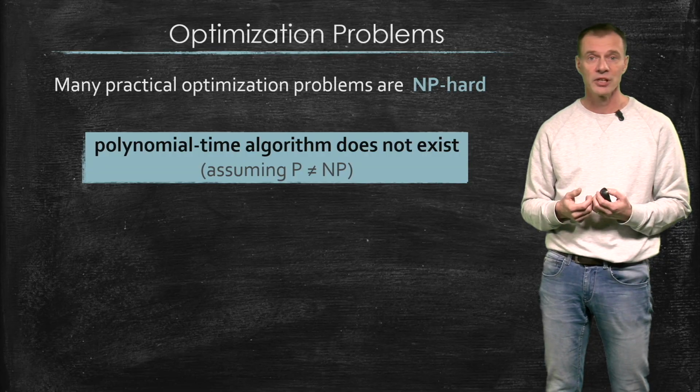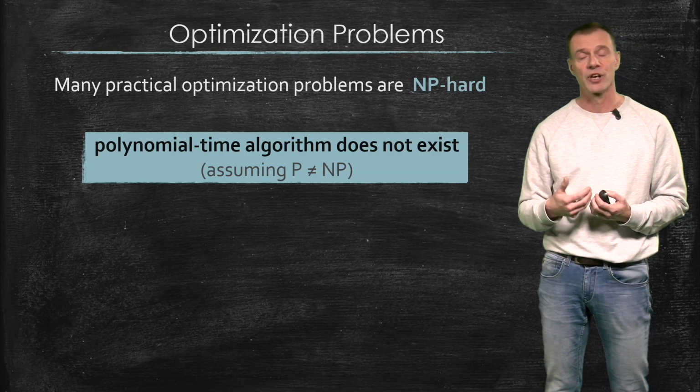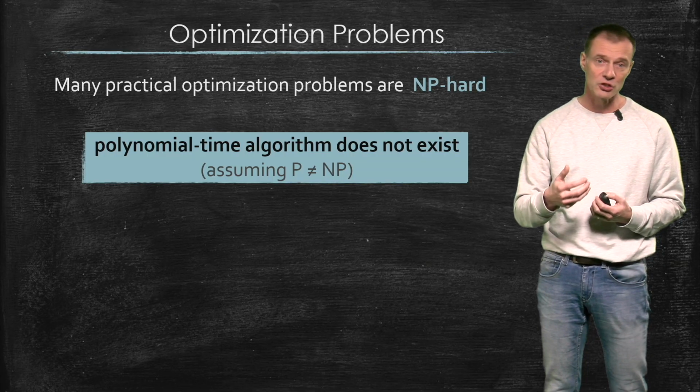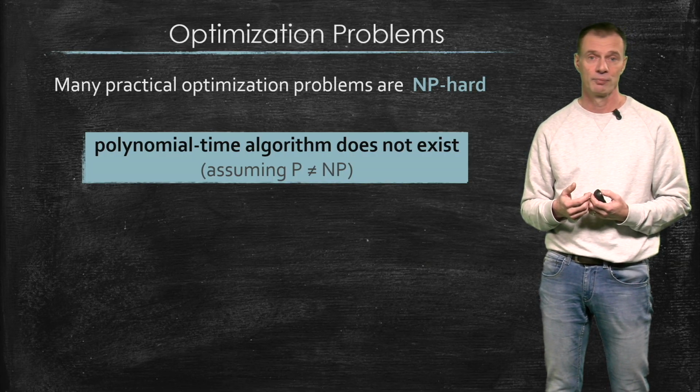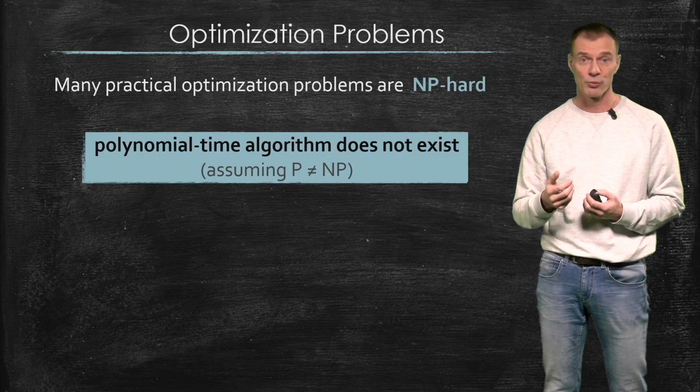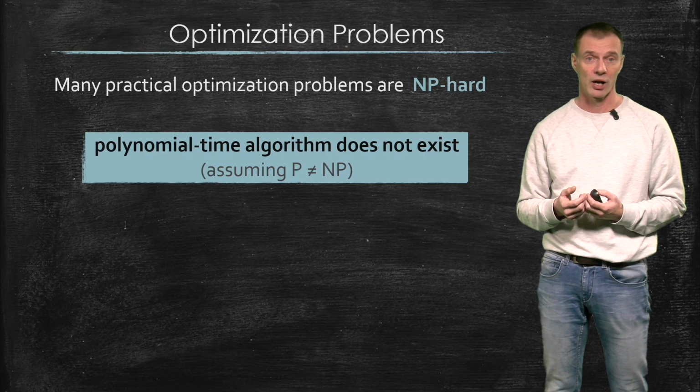Or more precisely, it's impossible to come up with an algorithm that always computes the optimal solution and does so in polynomial time.